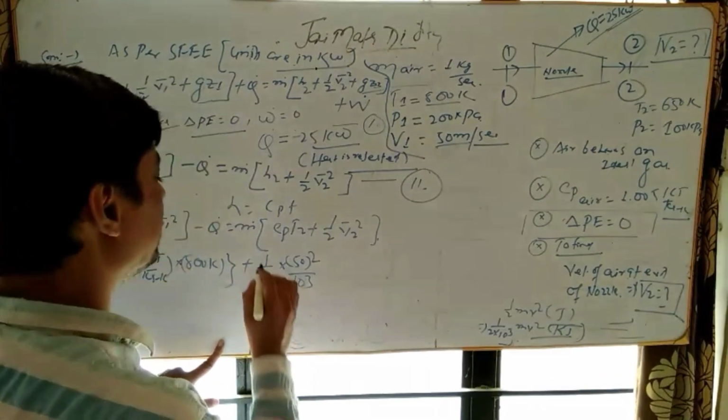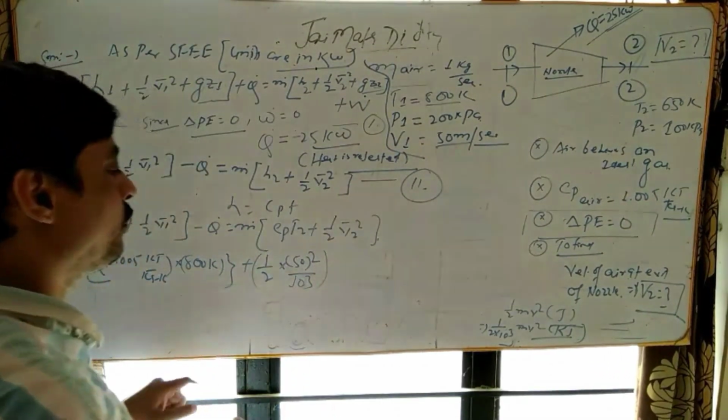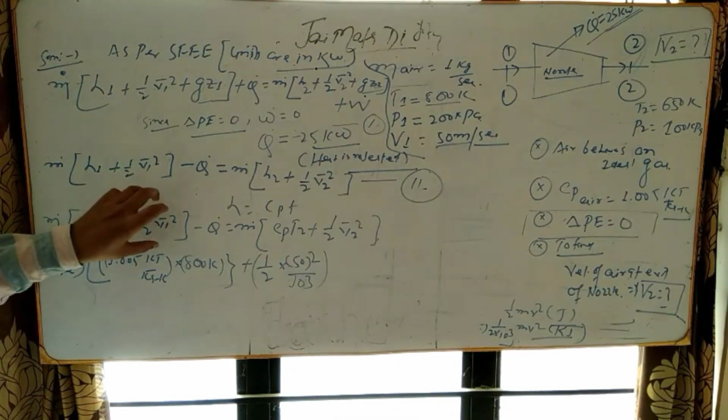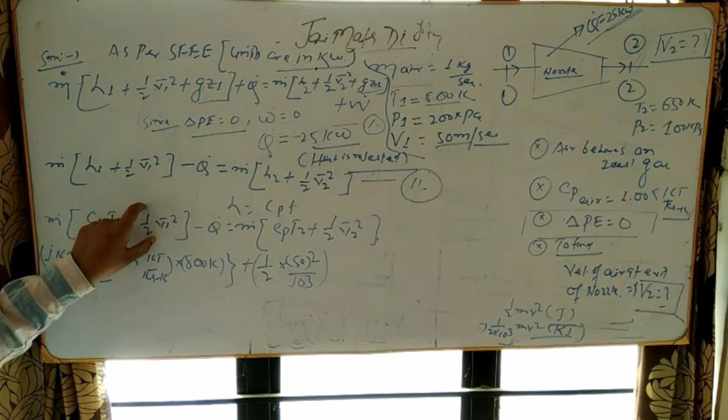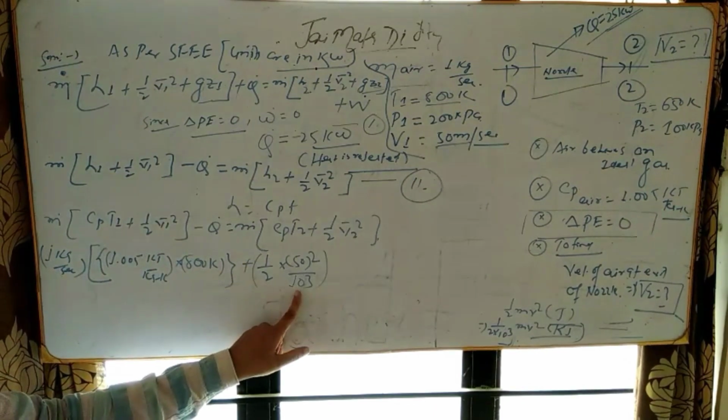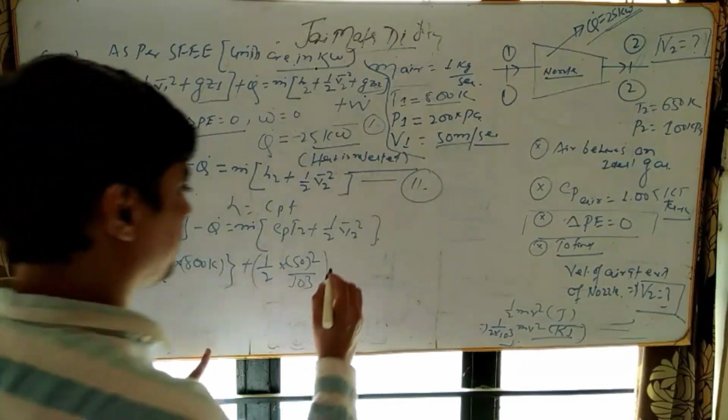Don't forget to divide this term by 1000, because the unit of half v1 square is joule per kg, since mass is taken out. A specific kinetic energy has unit joule per kg, but we have to convert into kilojoule per kg. That's why we are dividing by 10 to the power 3.